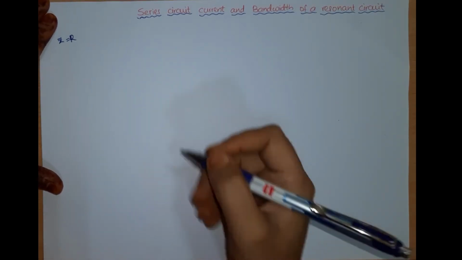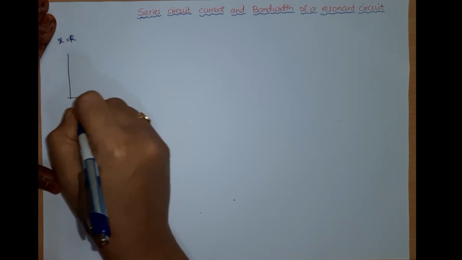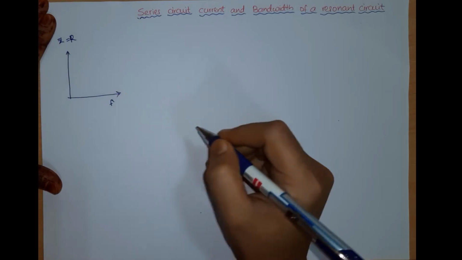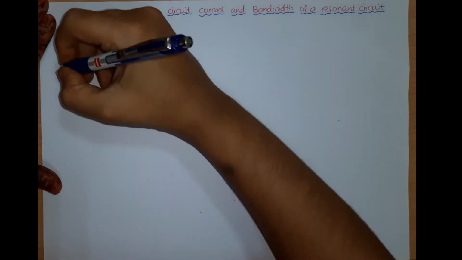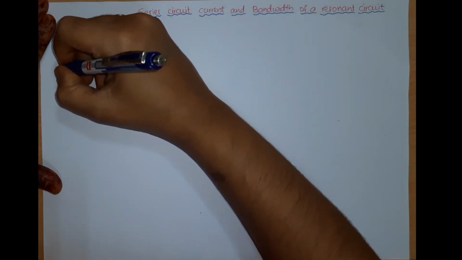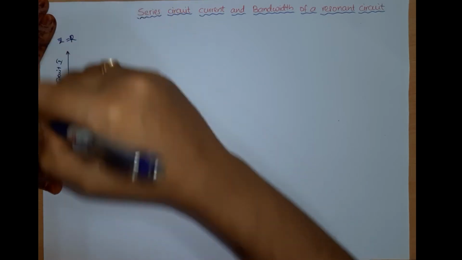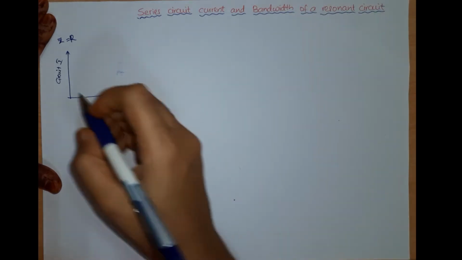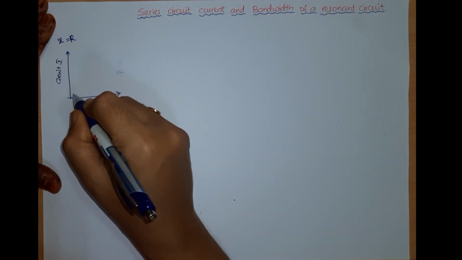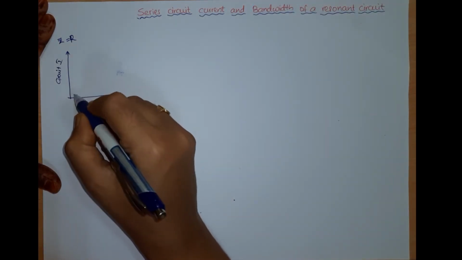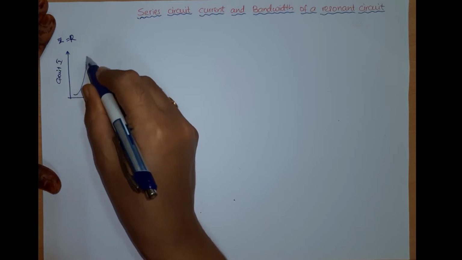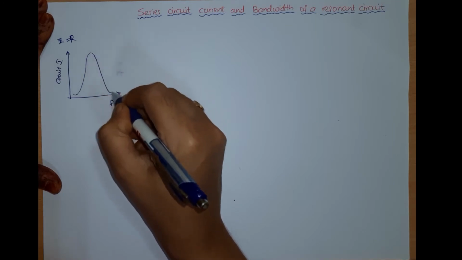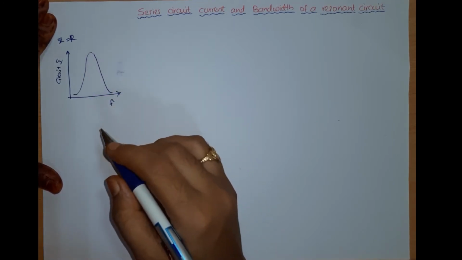Now if you draw a graph between the frequency on the x-axis and circuit current, that is I, on the y-axis, you can observe that the circuit current is minimum at lower frequencies, goes to a very high value at resonance, and drops to the minimum again as the frequency increases.